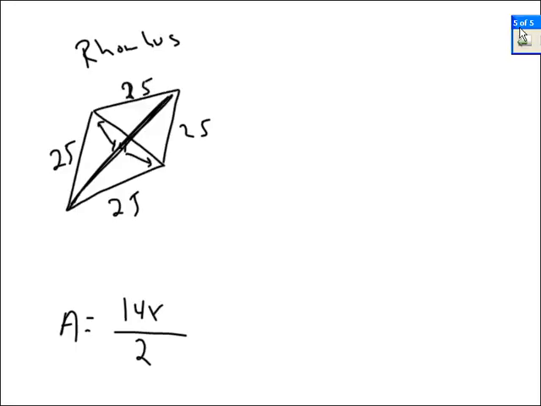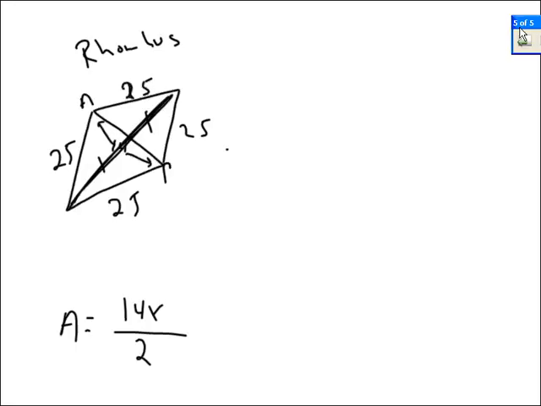Okay. So now I need to find out the diagonals. Now, it's not reasonable to assume that they're equal. Okay, the diagonal that's unknown right now seems to be longer. But those two will actually be the same length.